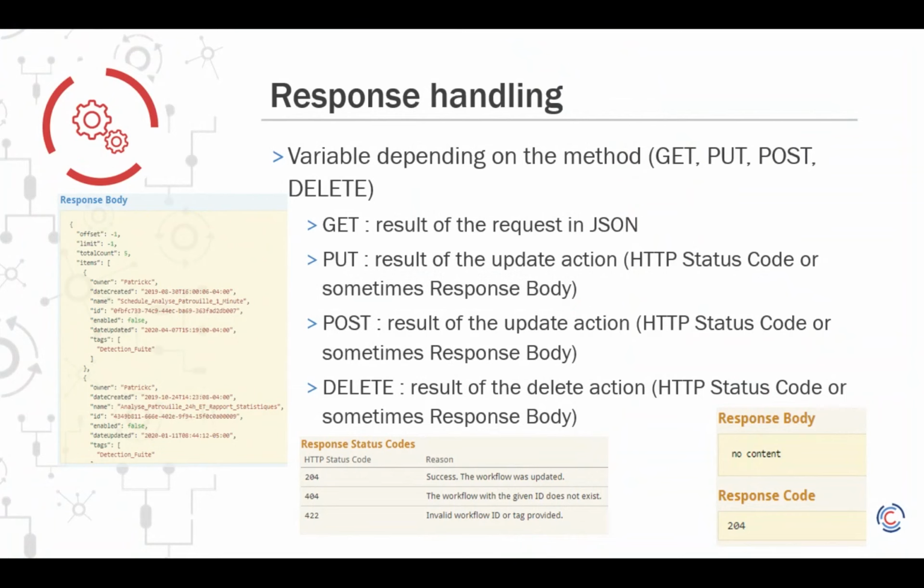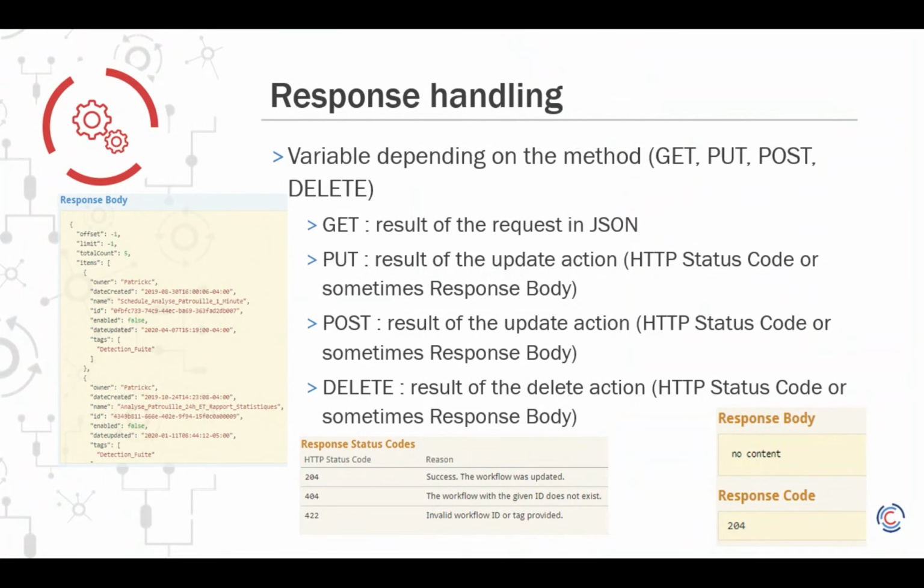Let's say you want to get automations. It will return the automations if you've set up your request properly. You could have it returned in JSON or in XML, though the default would be JSON in many respects.